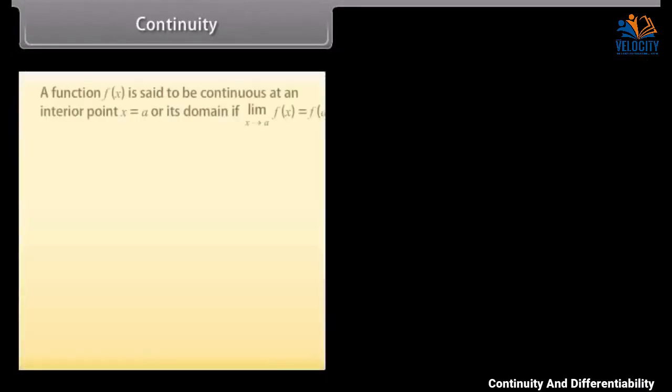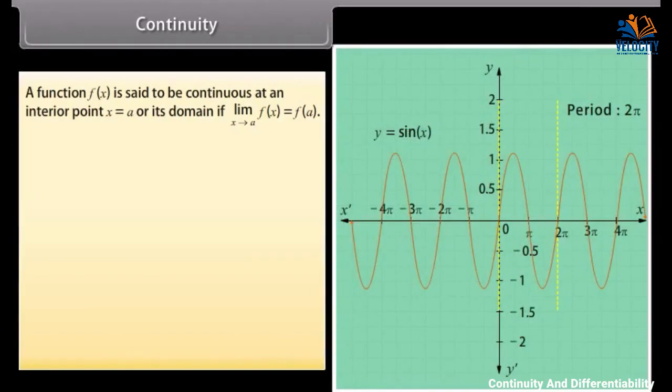Continuity. A function f(x) is said to be continuous at an interior point x equal to a of its domain if limit x tends to a of f of x is equal to f of a.